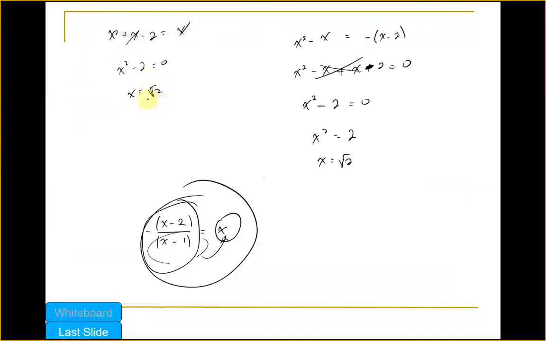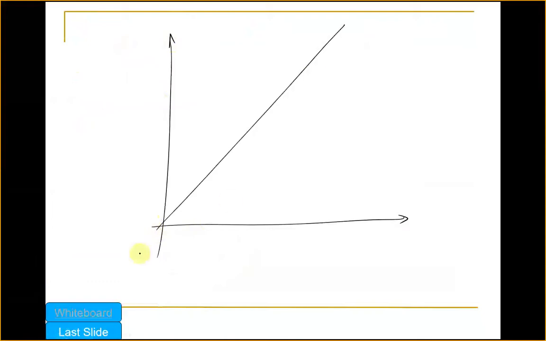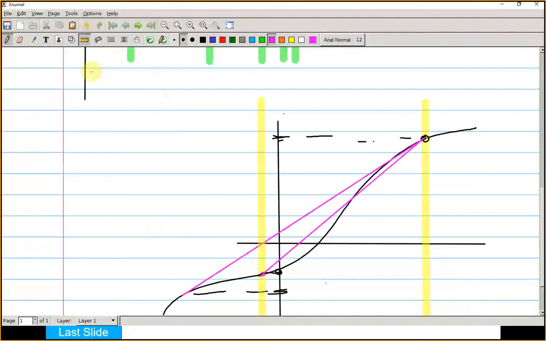What all of these are saying is you're trying to determine, let's erase everything on this slide. What you're really doing is you have two functions. One function is y equals x. Sorry, let's do it on the other. You have two functions.